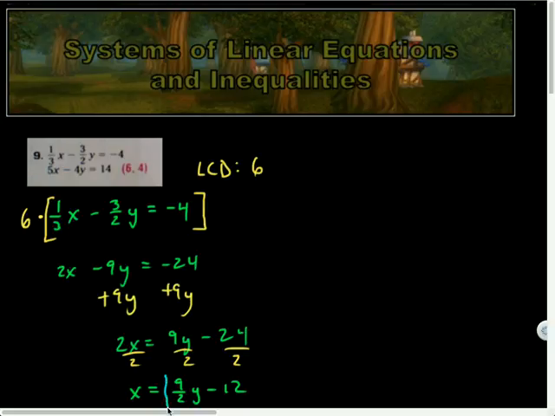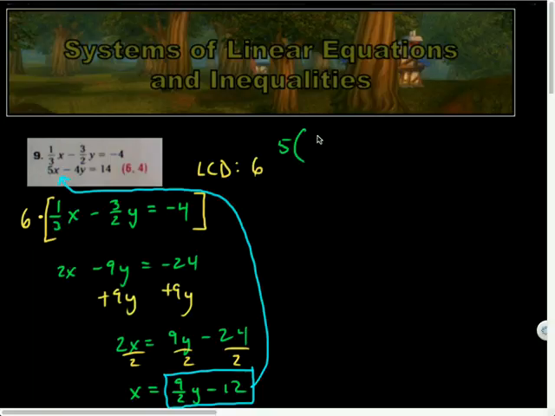And the idea is that if this is truly equal to x, then that means it's equal to x all the time. So I'm going to plug this into the other equation for x. And sadly, 5 is not even, if only, alas. So we'll have 5 times parentheses 9 halves y minus 12 minus 4y equals 14, like so.